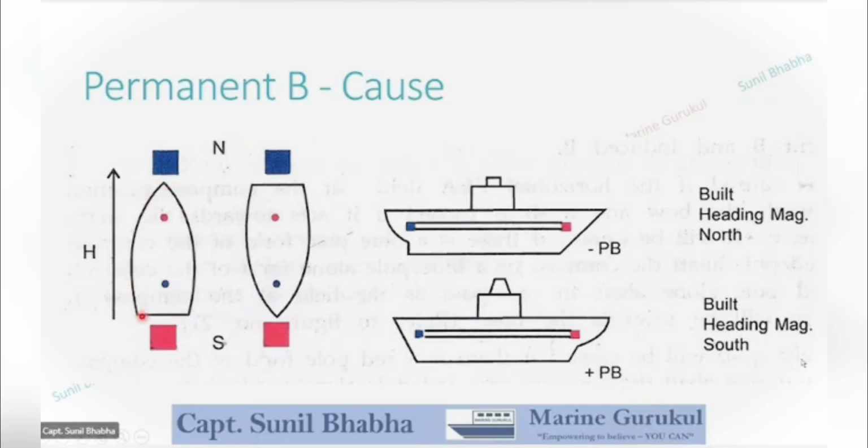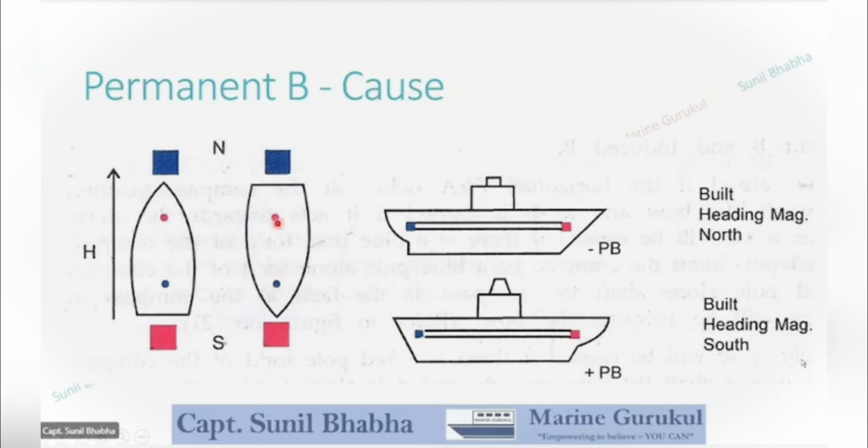If it is built in a northerly heading, the lines of force will be entering from the stern of the ship and leaving from the bow of the ship, giving the stern a blue polarity and the bow a red polarity. Now, if the ship was built on a southerly heading, then in that case, you will have a blue bow and a red stern.